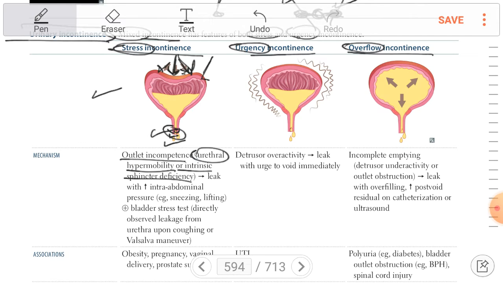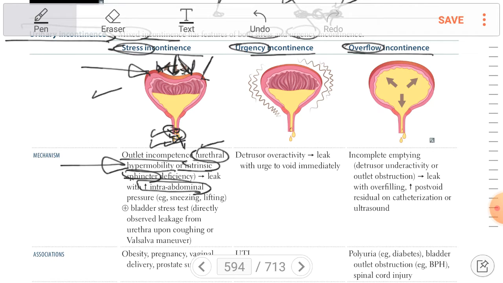So incompetence of outlet because of what? Because of hypermobility of the urethra, which is so important. Hypermobility of the urethra, or there is deficiency of intrinsic sphincter, leading to dribbling of urine and loss of urine. So there is a stress. This is the main one. There is a stress in case of what?